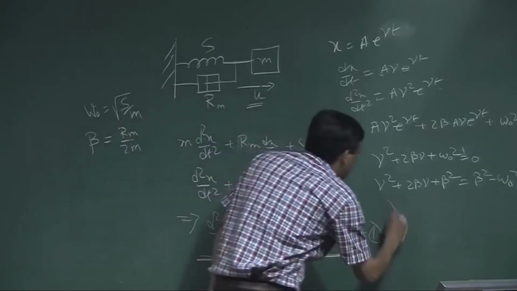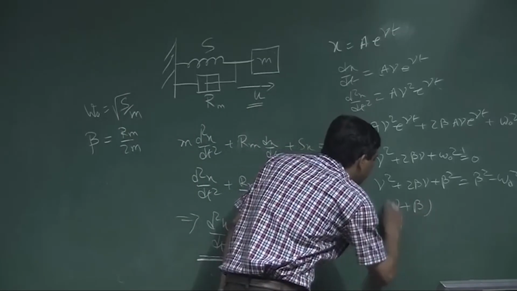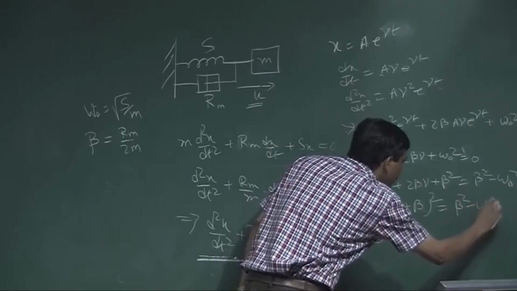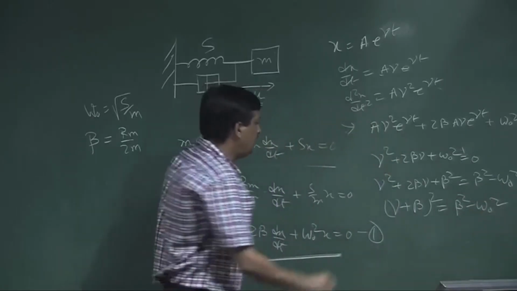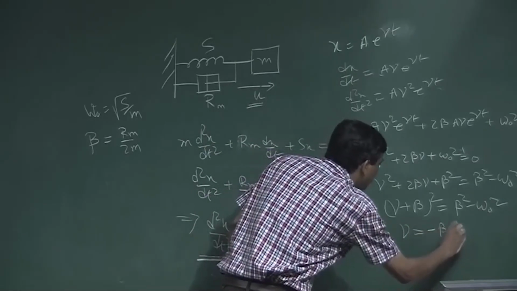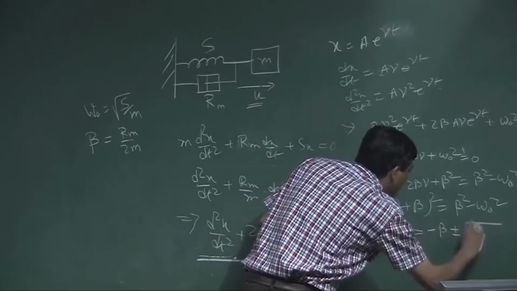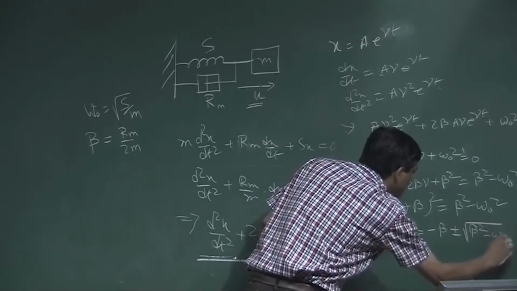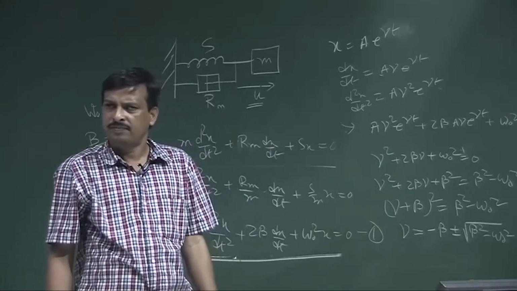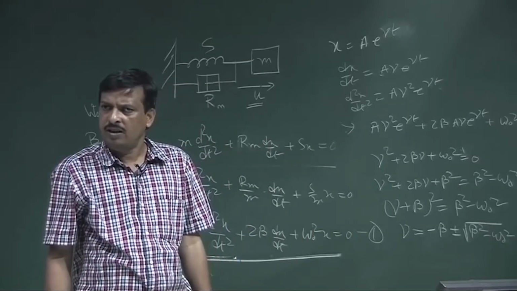So, it is gamma plus beta whole square equal to beta square minus omega 0 square. So, gamma is minus beta plus or minus root of beta square minus omega 0 square. This is the gamma.